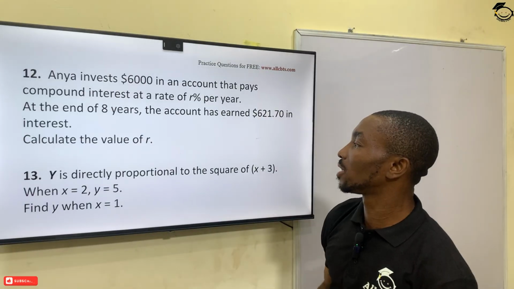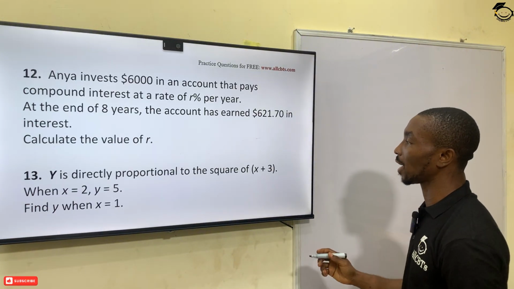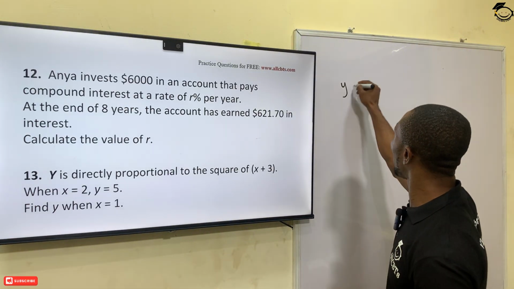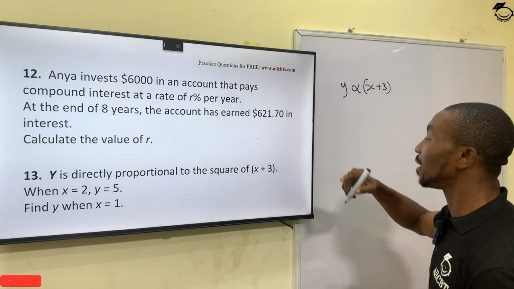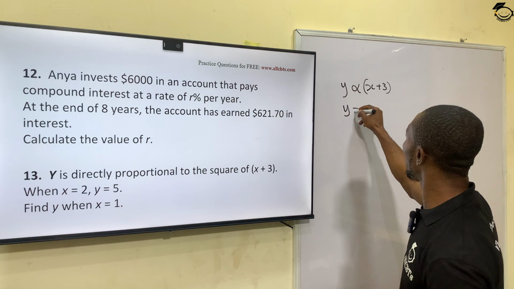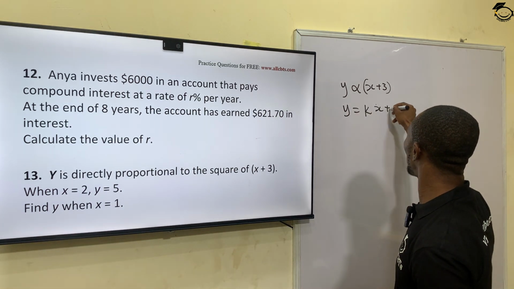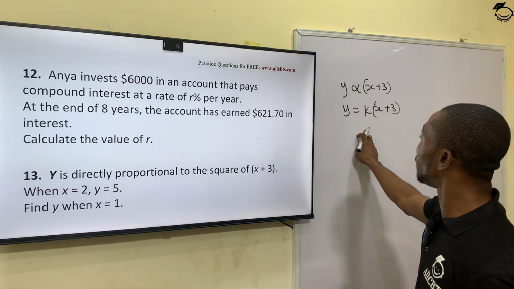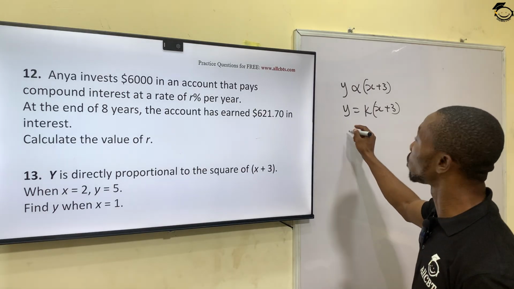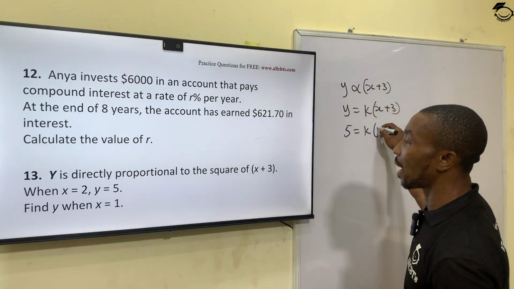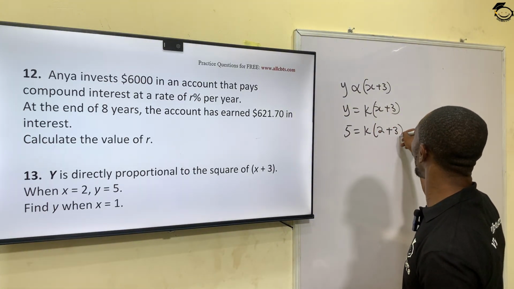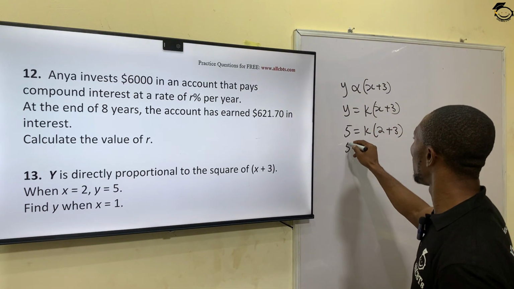Y is directly proportional to x plus 3. So we have y equals k times x plus 3. For us to find the value of k, when y is 5 and x is 2, 5 equals k bracket 2 plus 3, and 2 plus 3 gives us 5.